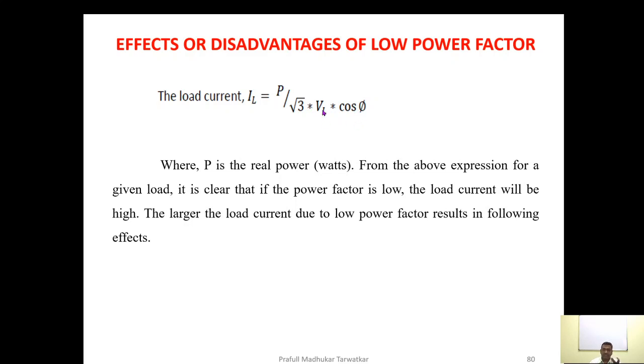Now the voltage of the system remains constant, and power depends on the load itself, so ultimately the variable factor is cos of phi. Now let us consider this cos of phi is very low, keeping P and VL constant. With a low value of power factor, the system will draw huge load current, and this is the major effect of having a low power factor on the system. It draws more current from the source.